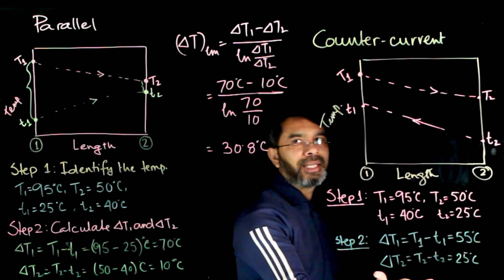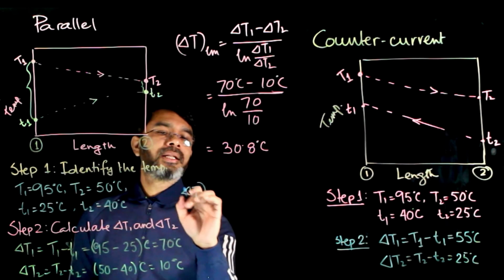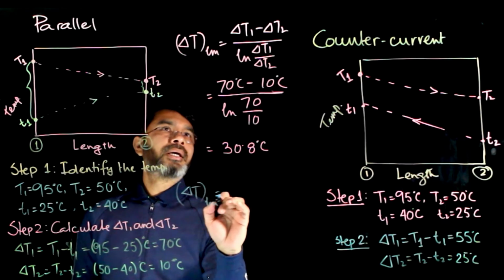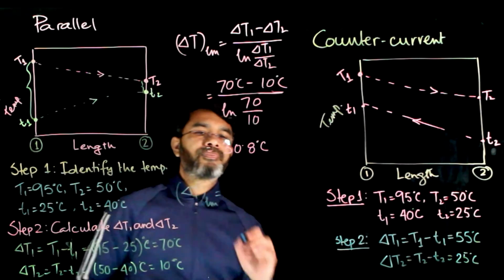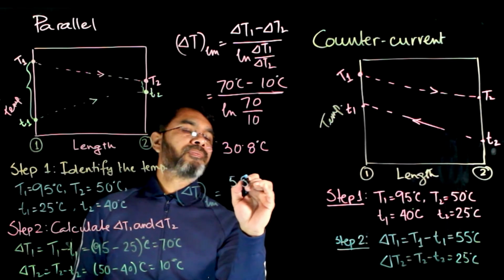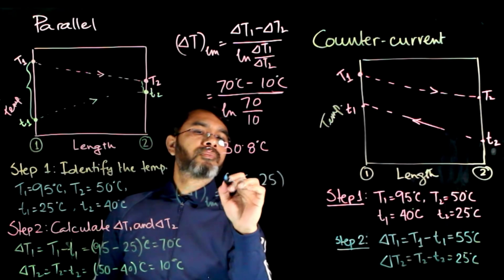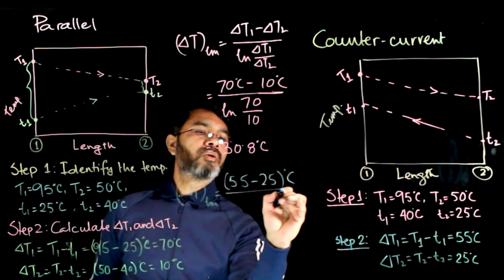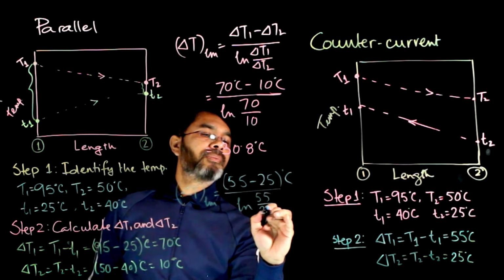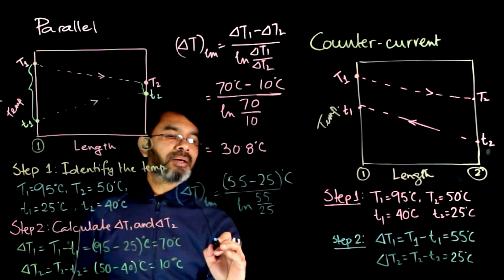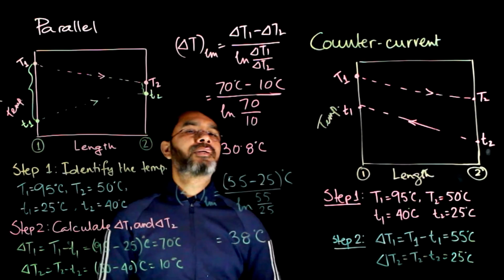Now when I have defined these two, for the delta T log mean the definition remains the same: delta T1 minus delta T2. So we'll have 55 minus 25 degrees centigrade over ln 55 over 25. If we simply do the math, we end up getting 38 degrees centigrade.